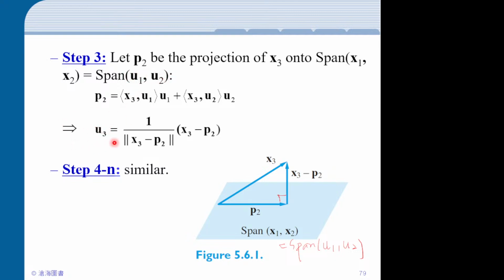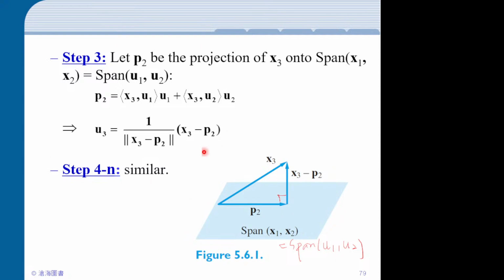So u1, u2, u3 is also an orthonormal basis for the span of x1, x2, x3, and because they are orthonormal bases, the span of u1, u2, u3 will be equal to the span of x1, x2, x3.